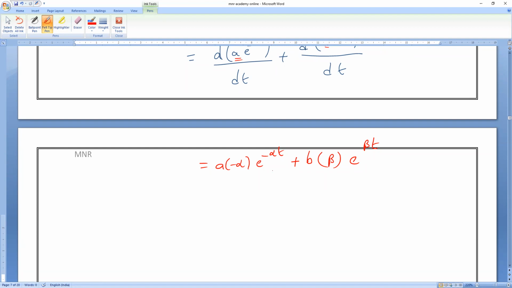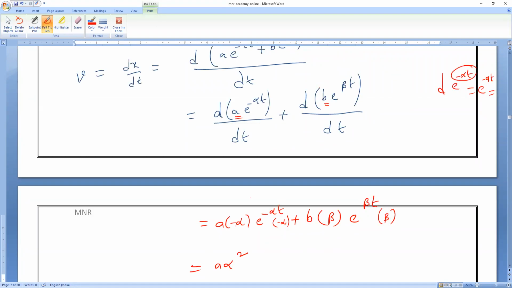Again we have to apply the chain rule. The differentiation of alpha t, how much is it? Minus alpha. And here also the differentiation of beta t is beta.